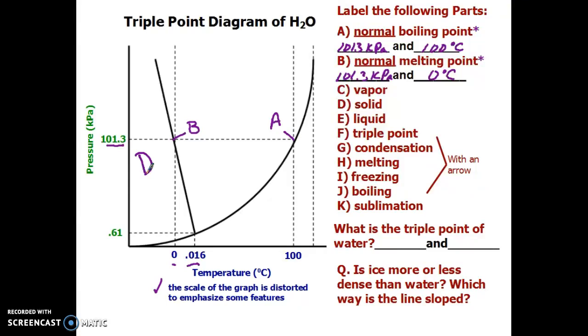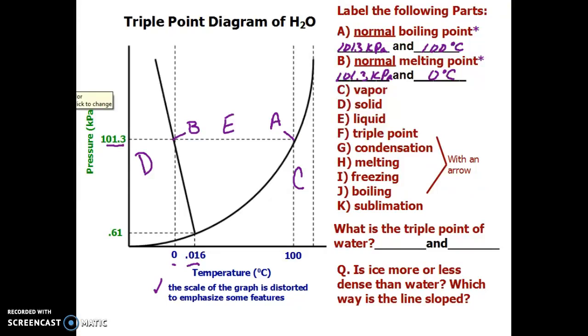If on the other side of A we have boiling, and we know boiling point goes down as pressure goes down, then everything on the right-hand side of A should be a vapor, which is C, which means everything in the middle is a liquid, E. So this area right here is a solid, this is a liquid, and anything over here is a vapor.